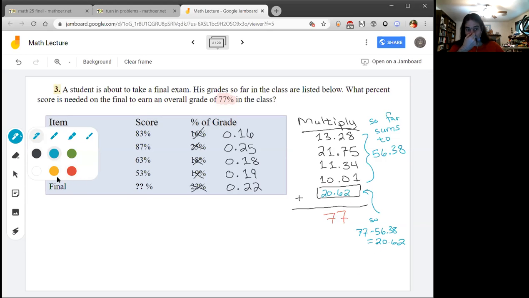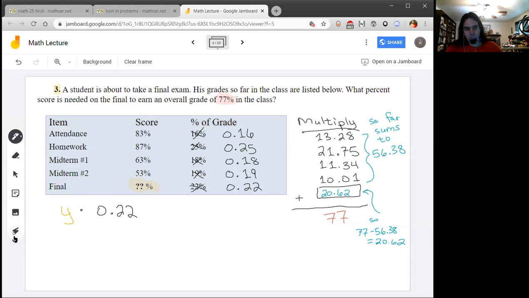So I don't know what this number is, but now I know how to find it. I'm going to have that something times 0.22, reading this final row across, is the 20.62. Divide both sides by 0.22 to get y by itself.